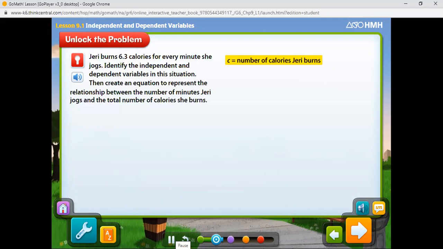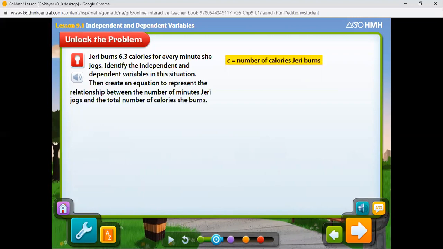calories she burns. Okay, now here what they are saying is Jerry burns 6.3 calories for every minute she jogs. Which means Jerry is burning calories for every minute she's jogging. So for every jog, she's burning calories, right?